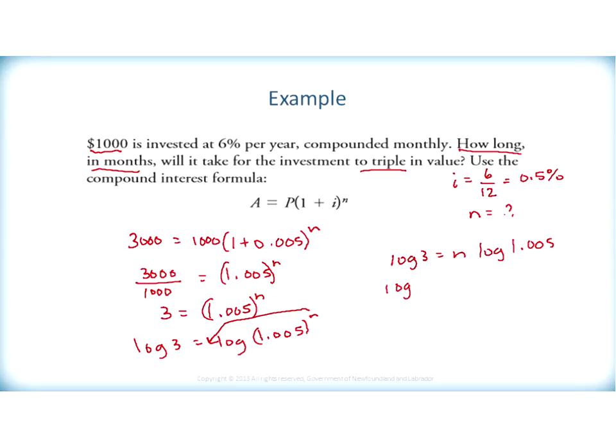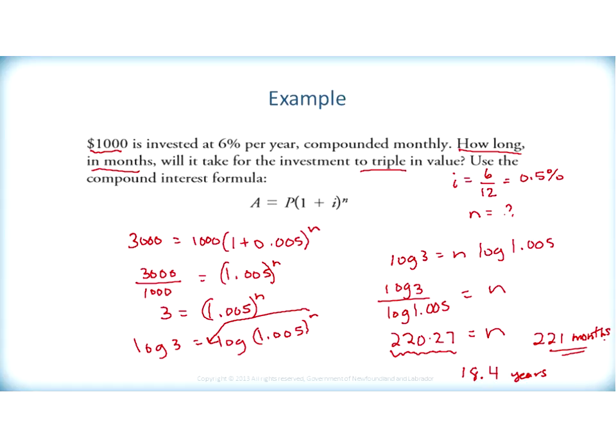So now log 3 divided by log 1.005 equals n, and that will give us 220.27 equals n. How long in months? This will be the number of months. The number of years will be 18.4 years. So we're saying it to be 221 months to triple in value.